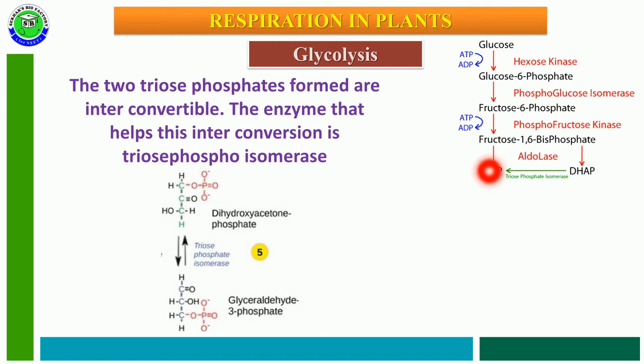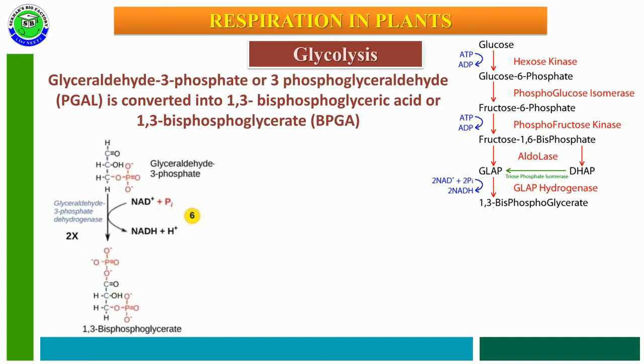In this, one of the glyceraldehyde 3-phosphate molecules came from fructose 1,6 bisphosphate and the other molecule came from dihydroxyacetone phosphate. These two molecules of glyceraldehyde 3-phosphate, or 3-phosphoglyceraldehyde, are converted into 1,3-bisphosphoglyceric acid or 1,3-bisphosphoglycerate.